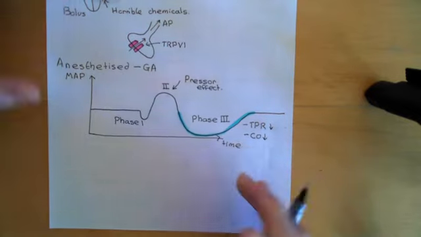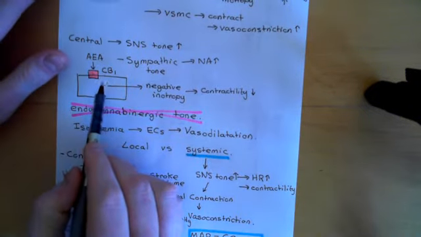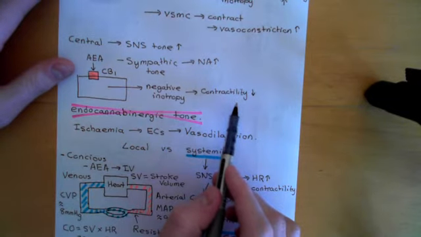In addition, remember the direct effect of the CB1 receptors on the cardiomyocytes, which is a negative inotropy effect, so that also decreases contractility.